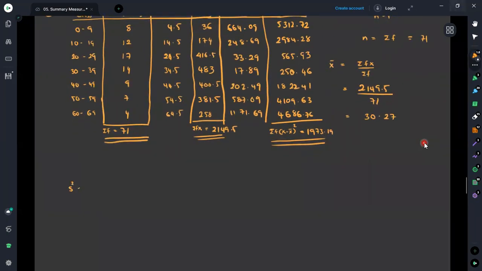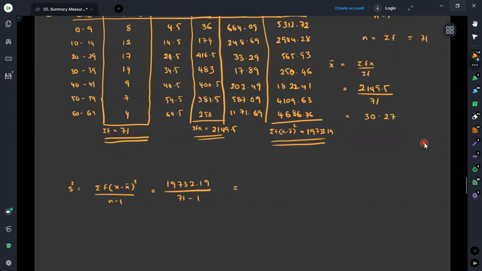Where s squared is given as the summation of f times (x minus x bar) squared divided by n minus 1, which gets the value as 19,732.19 divided by 71 minus 1.